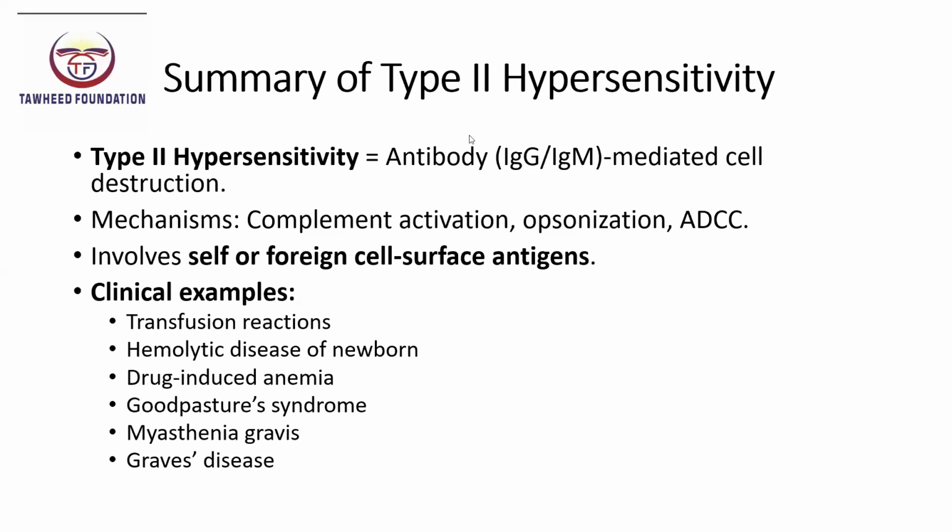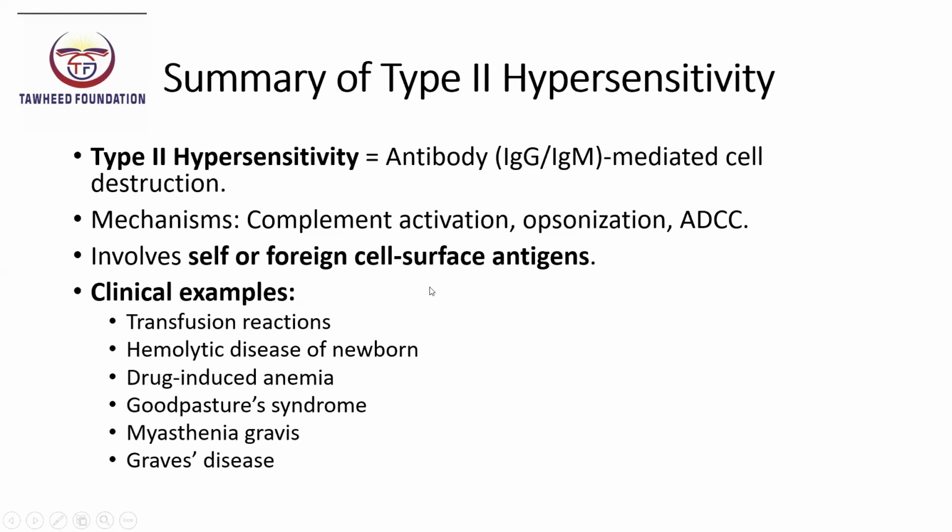So, summary for type 2 hypersensitivity. Type 2 hypersensitivity is an antibody mediated cytotoxic reaction primarily involving IgG or IgM antibodies. These antibodies target cell surface or tissue antigens and cause damage through complement mediated lysis, opsonization with phagocytosis, and ADCC.